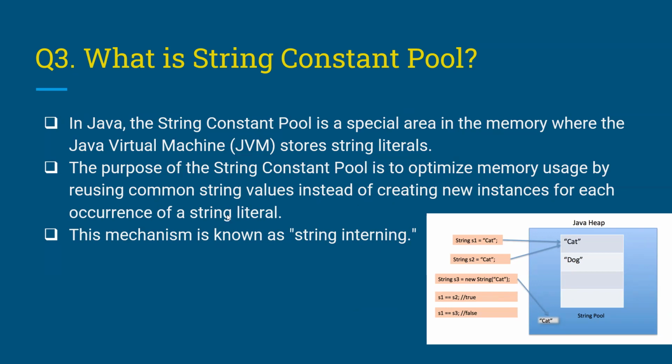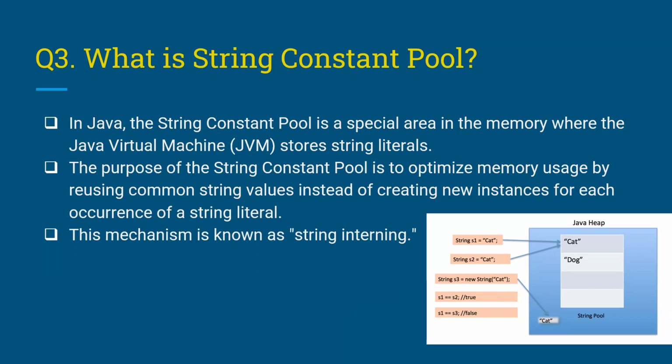So, what is the meaning of this? As I said, whenever we use the new keyword, blindly it is going to occupy memory inside the heap as well as SCP. If you create two string objects with the same content by using the new keyword, it will create a new object every time in the heap memory.